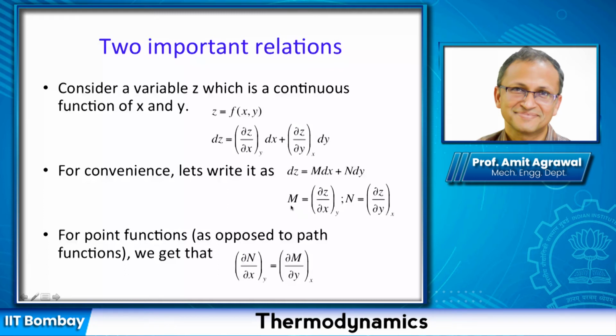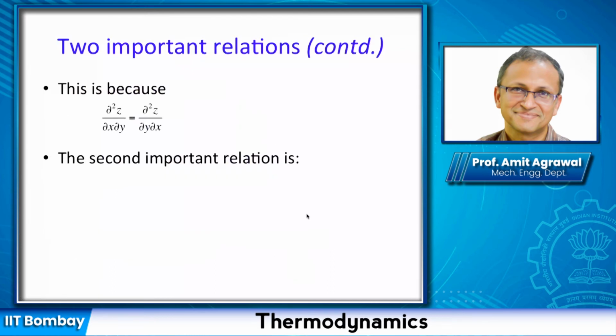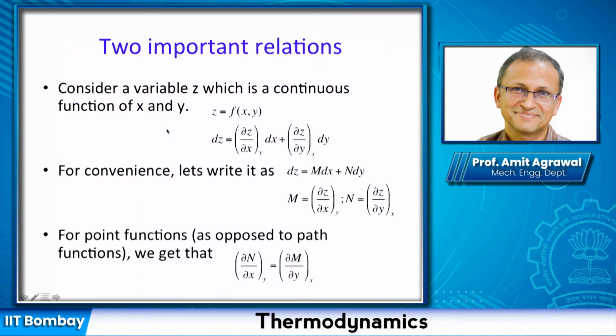Similarly, when we take the derivative of M with respect to y, we are taking the derivative of z twice, once with respect to x and then with respect to y. And we know that if the function is sufficiently smooth, then these two quantities will be the same. Therefore, whatever we have written in the previous slide, dN/dx is essentially equal to dM/dy.